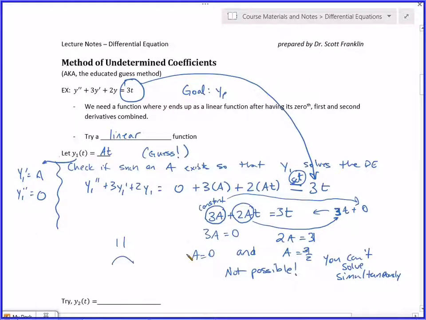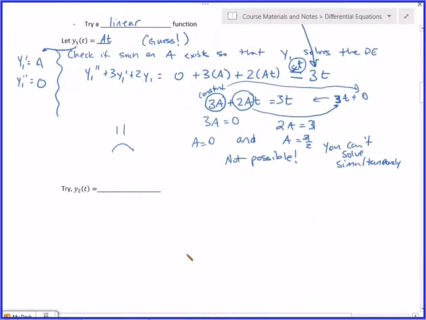What would be a better guess than AT? Let's have both of the terms of the linear equation there. Can I find a general linear equation that satisfies that? Okay, better guess.